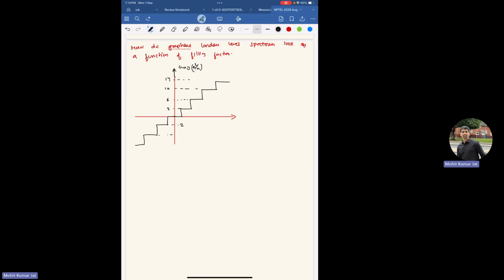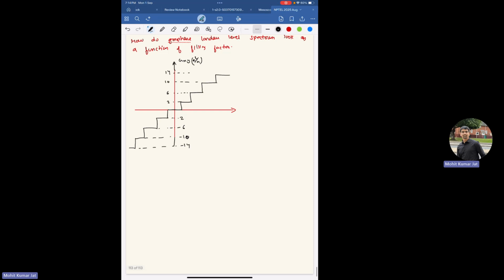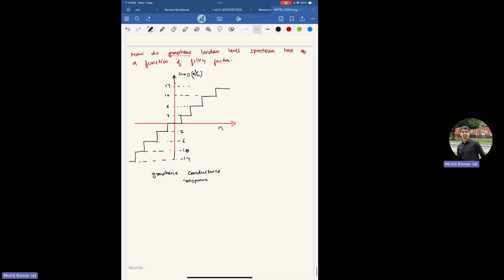So if you measure the conductance in the case of graphene at low magnetic field, when you have not lifted the spin and the valley degeneracy, this is the graphene conductance response. Your x-axis is carrier density n. For bilayer graphene, it will be different. This is for the graphene.